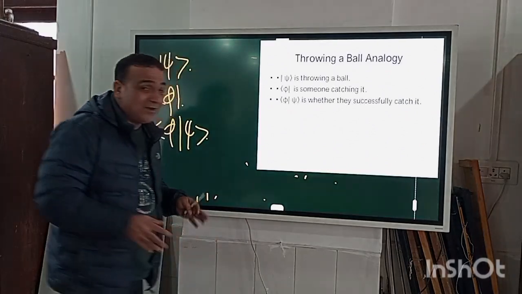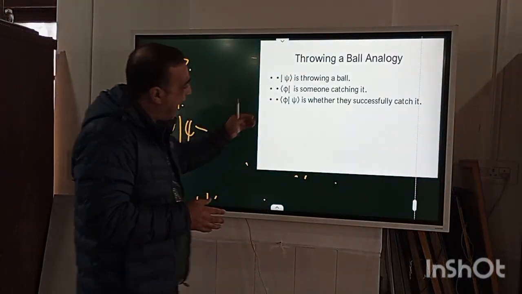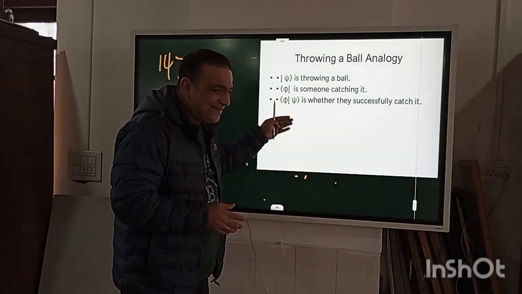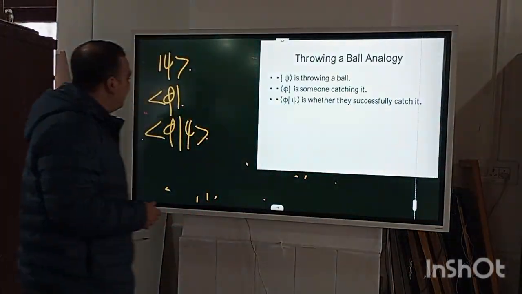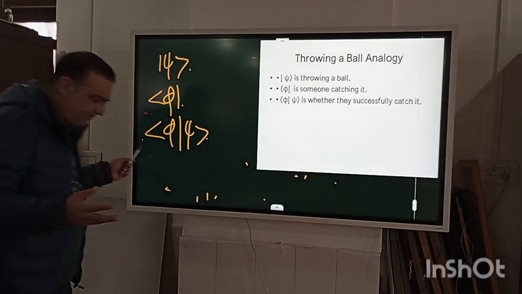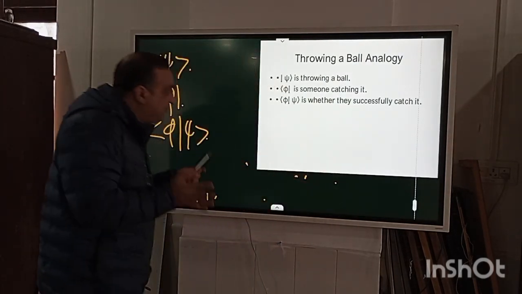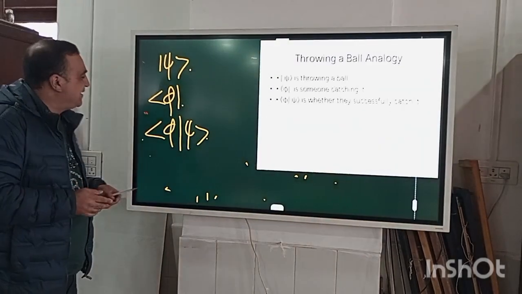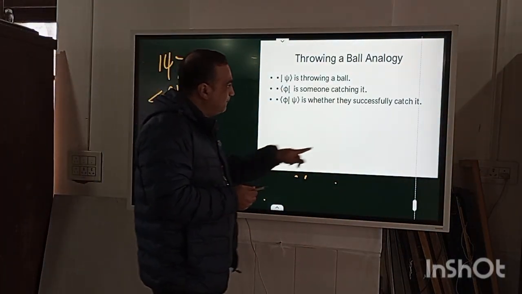That means if the ball is missed, then certainly you will have the missing inner product between phi and psi. But if the catch is a successful catch, the inner product will lead to that success that has been achieved by catching this ball.